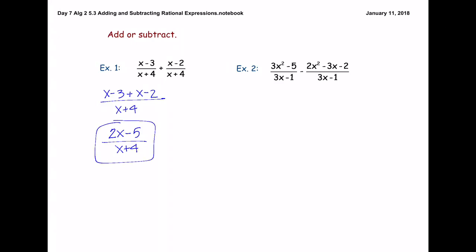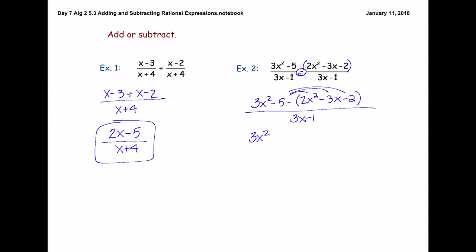On the subtraction problem, we need to make sure to distribute that negative to everything in the numerator of our second fraction. So we have 3x squared minus 5 minus the quantity of 2x squared minus 3x minus 2. The step of writing that in parentheses will save you and remind you that you need to distribute that negative to everything.